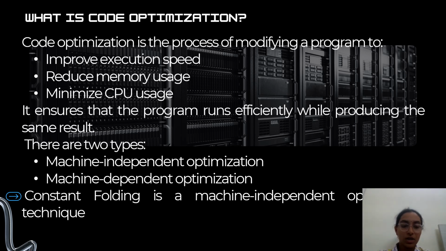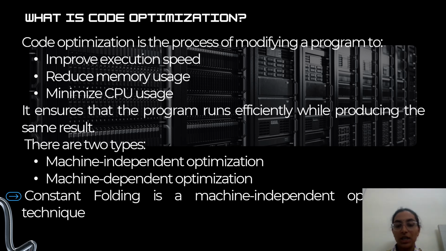Code optimization is a process of improving a program so that it runs efficiently. The main goals are to improve execution speed, reduce memory usage, and minimize CPU usage. There are two types of optimization.